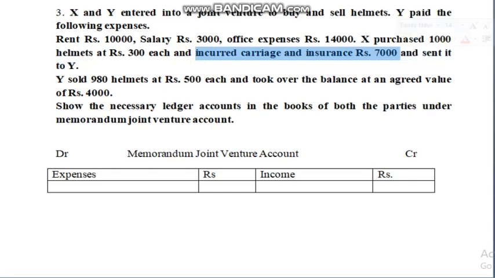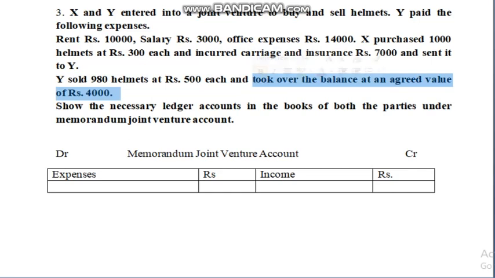These are the expenses which were paid by Mr. X, and the helmets purchased by X were sent to Mr. Y. And the last transaction, Mr. Y sold 980 helmets at rupees 500 each, and took over the balance helmets at an agreed value of rupees 400.